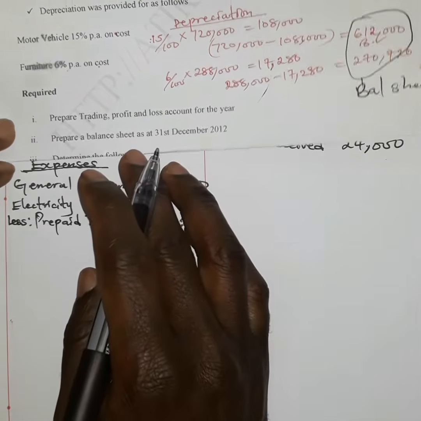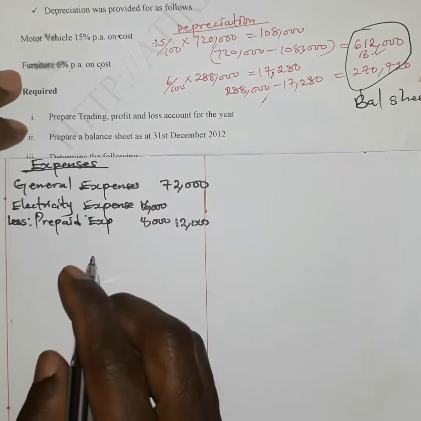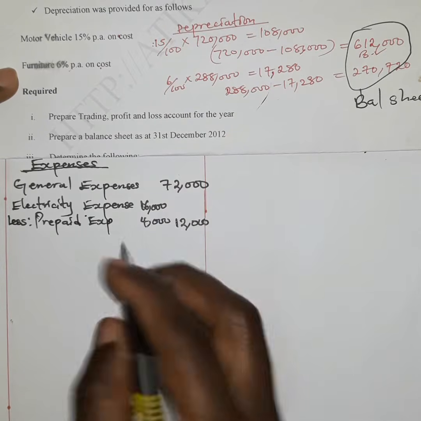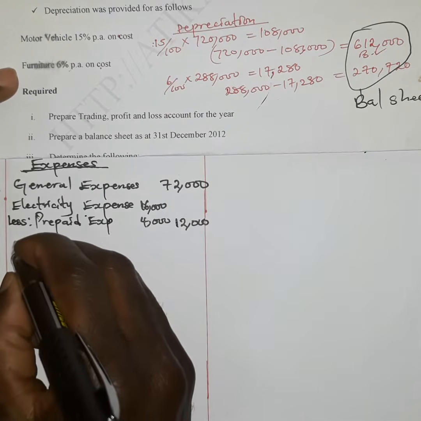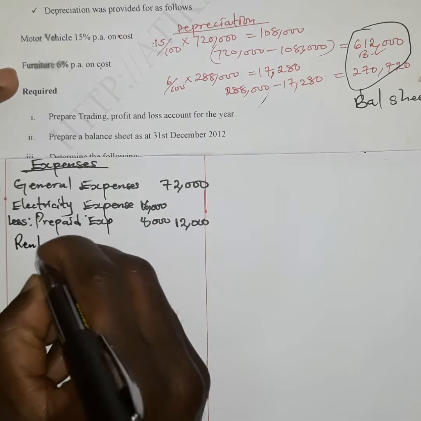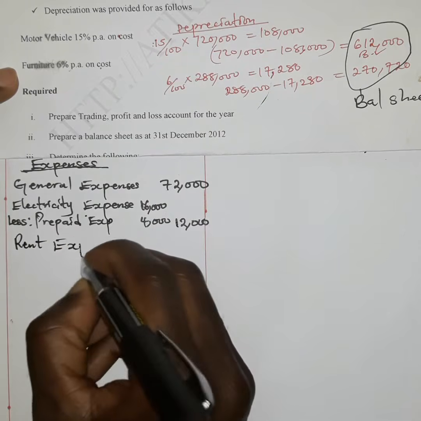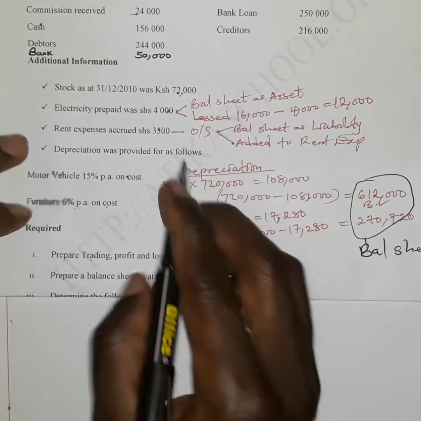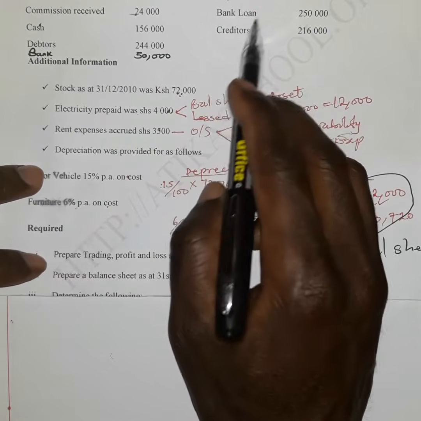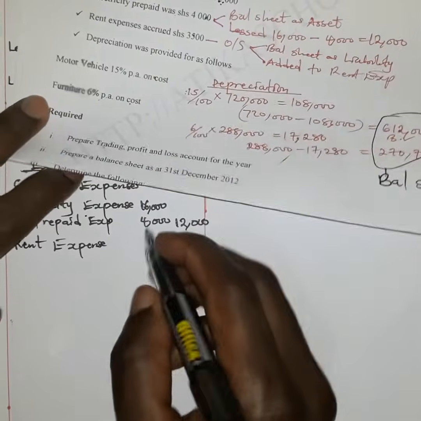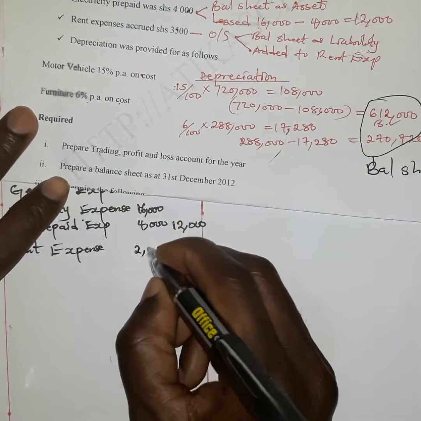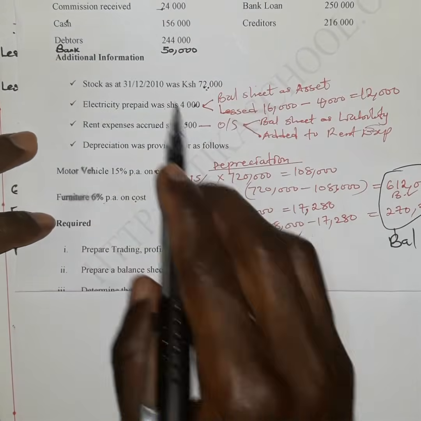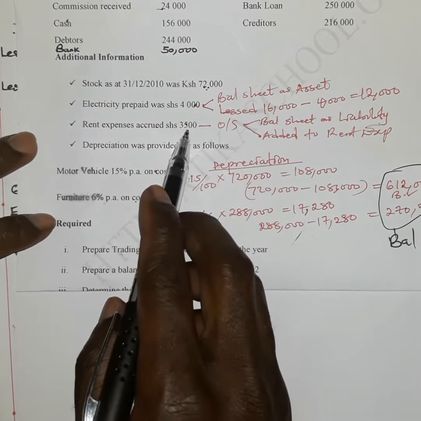Again, we have another adjustment on rent expense. Rent expense was an amount of 2,500, and rent accrued was 3,500.